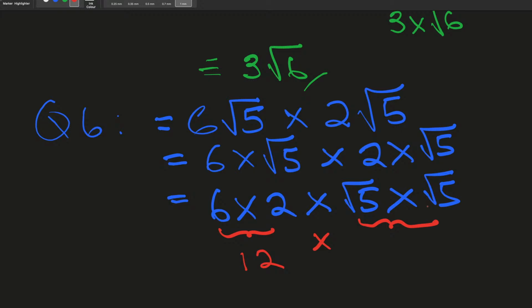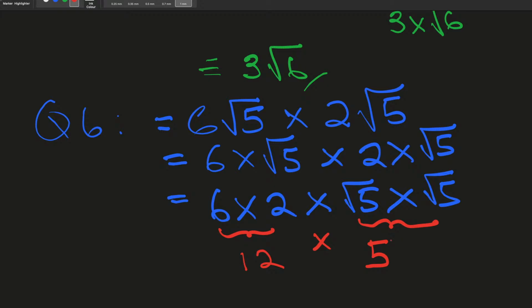And root 5 times root 5, as we remember the other day, will be what? 5. Because if we have the square root of a number or a variable multiplying by itself, then the answer will be the value without the root on top of it.